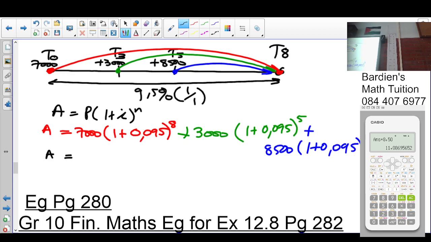Now it is a matter of punching it into the calculator.